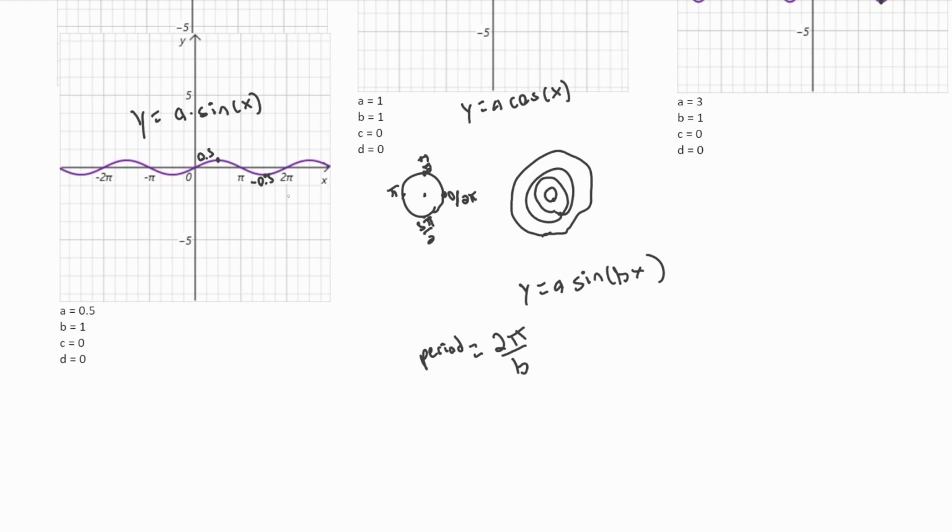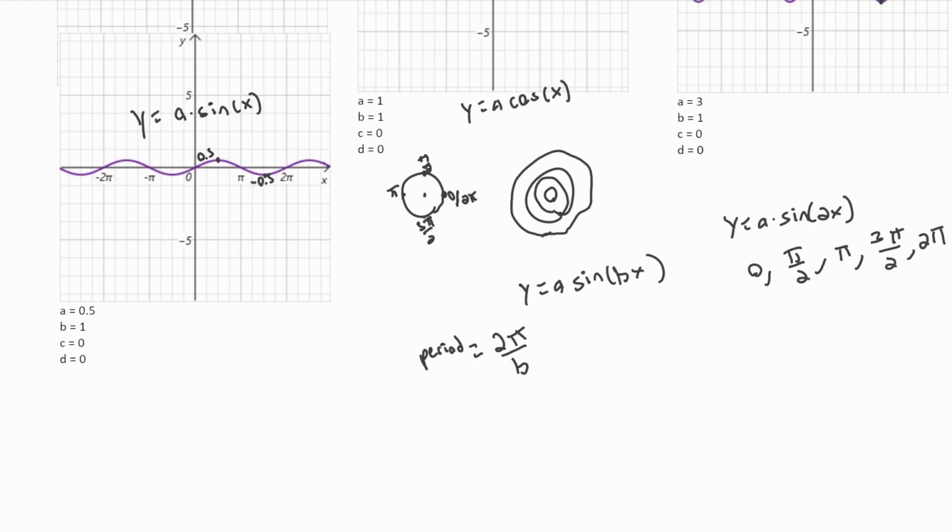So for example, if b was 2, y equals a times sine of 2x. What ends up happening is we reach our features twice as fast. So our x value to reach, so again, our key features are 0, pi over 2, pi, 3 pi over 2, and 2 pi.